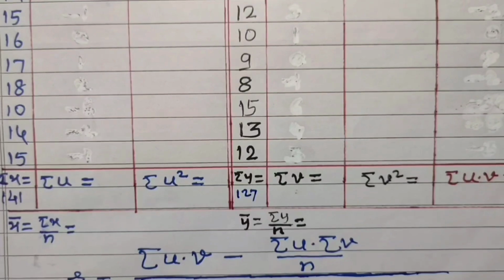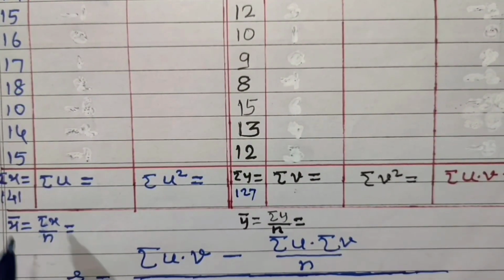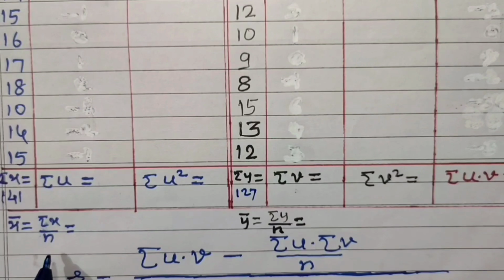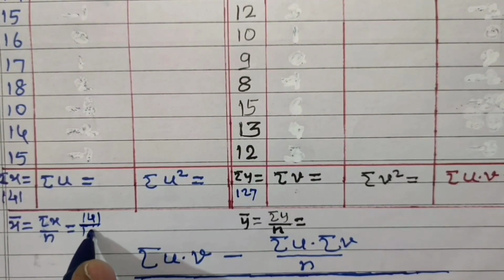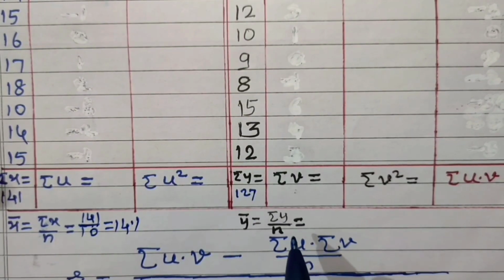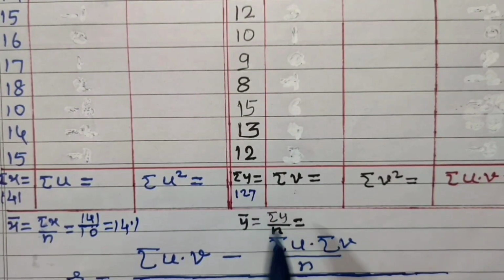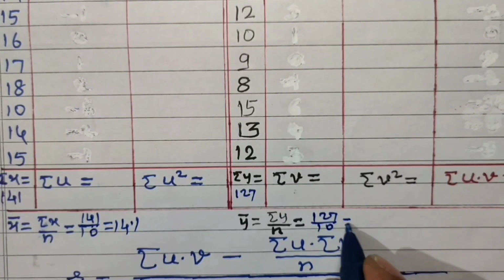Let us find X bar, means the actual mean of X series, that is summation X divided by N. N is 10 and summation X is 141, divided by 10, and this is equal to 14.1. Similarly, Y bar is equal to summation Y divided by N, 127 divided by 10, which is equal to 12.7.